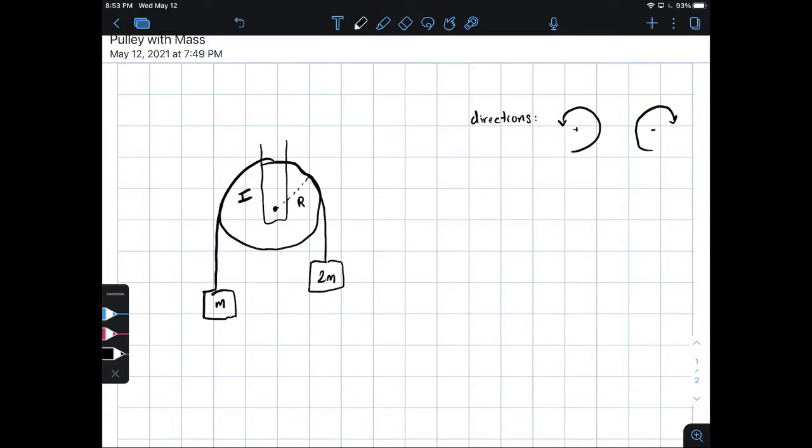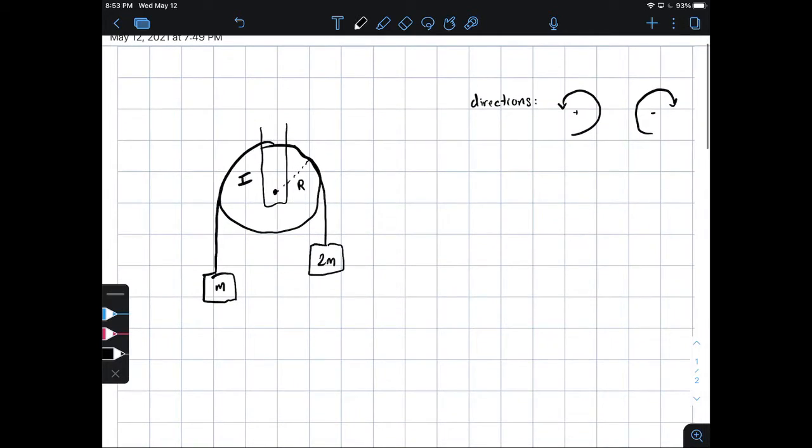Now the moment of inertia I, we know the formula for that, so we have that in the back of our mind, but we're just going to use I for this case because that's easier. And also we have the radius r. So we have everything we need. Now we're going to create free body diagrams, which is probably the only reason I stay around for physics.